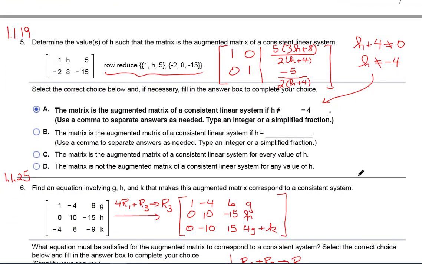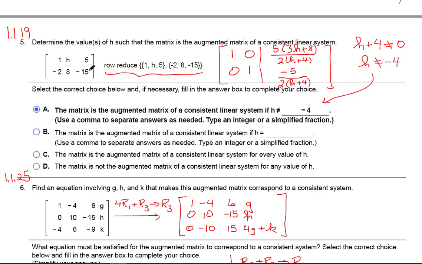All right, question 5. We have this matrix. So the question is, what value of h would make this a consistent linear system? Meaning that we either get one solution or an infinite number of them, but we want it consistent.